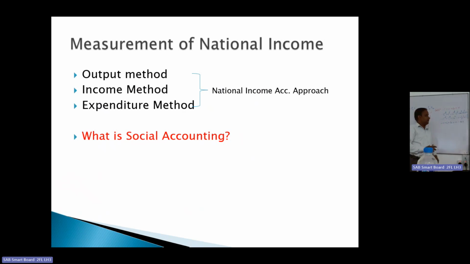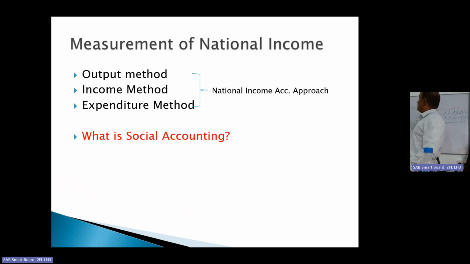So that forms the imports. We deduct that. We measure the gross domestic expenditure actually, so we exclude that.